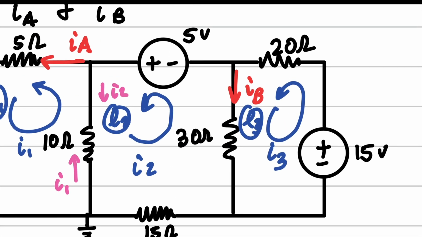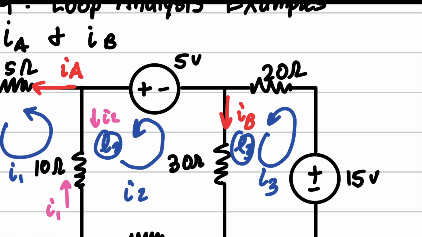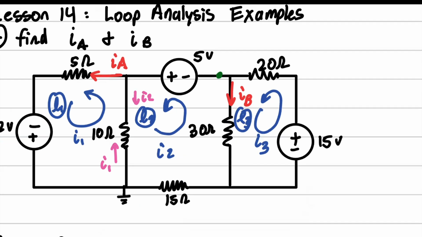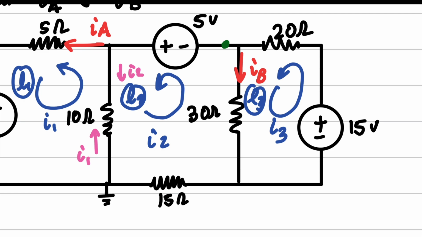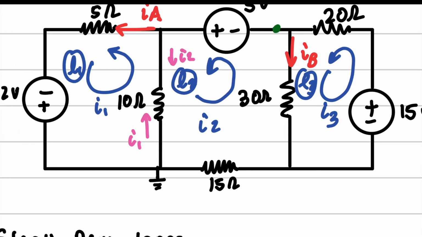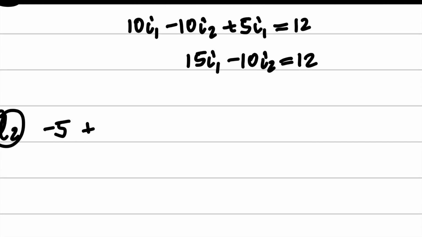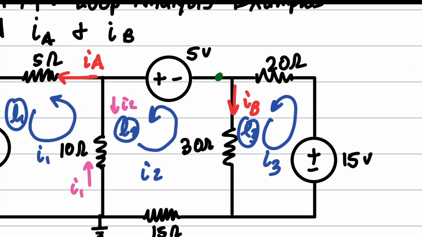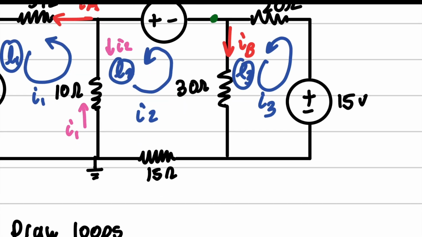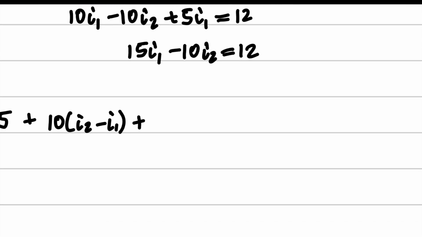I'm going to go ahead and start right here, and I'm going to walk around. Once again, you have to take into account the 10 ohm resistor having current I2 going into it and current I1 going into it as well. So we're going to do 10(I2 minus I1) this time, because our perspective has changed. Then we've got the 15 ohm resistor with just I2 in it.